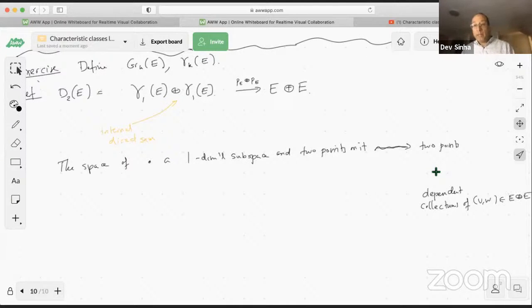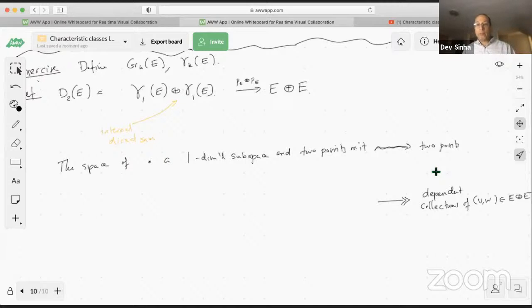And for any dependent collection of V and W, one is a scalar multiple of the other, basic linear algebra. That means that there's just a line containing both of them, right?